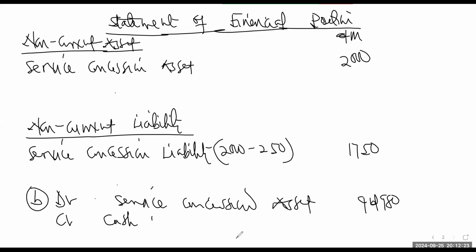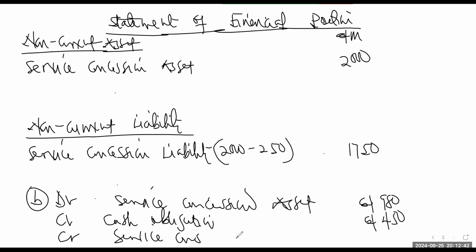You can make it cash obligation, isn't it? Yes. That's 450 million. And then we credit the service concession liability, 530. So the two will give you the 980.